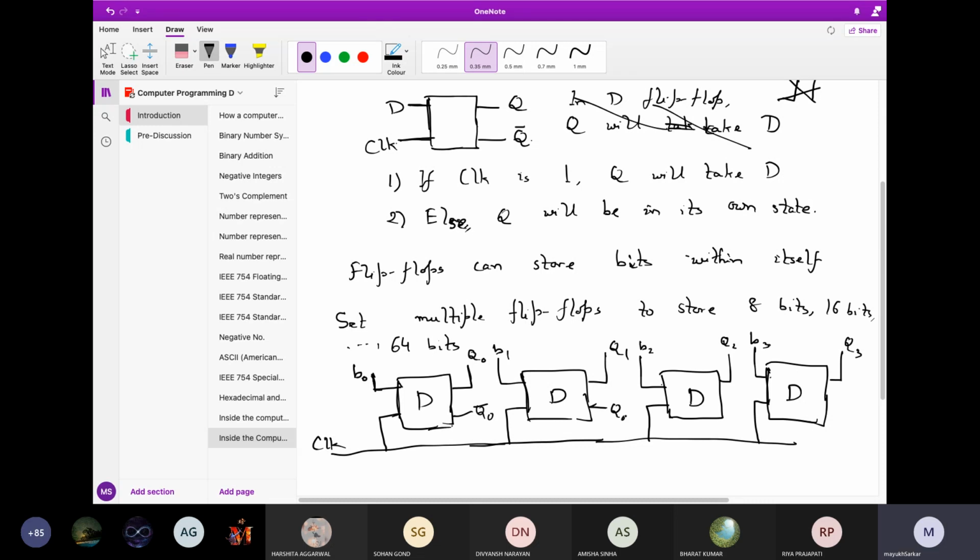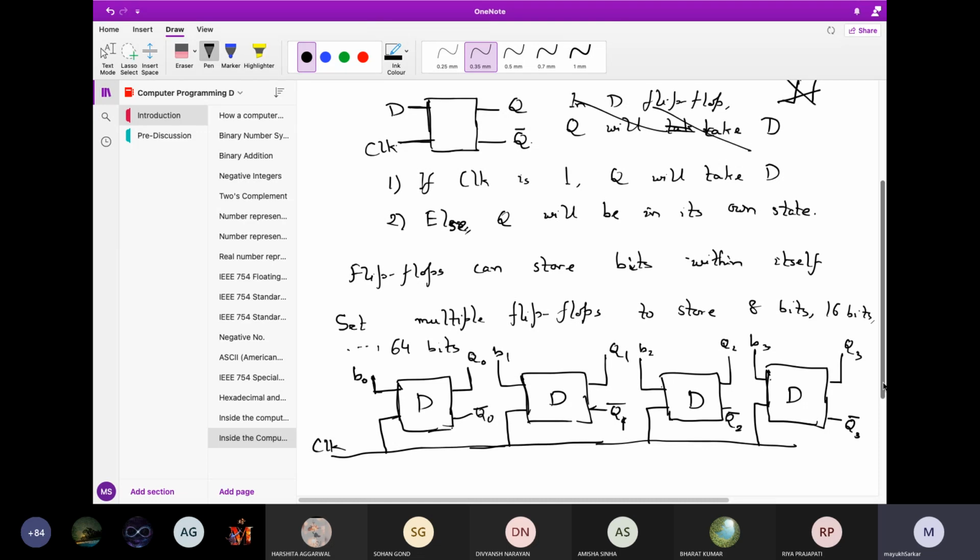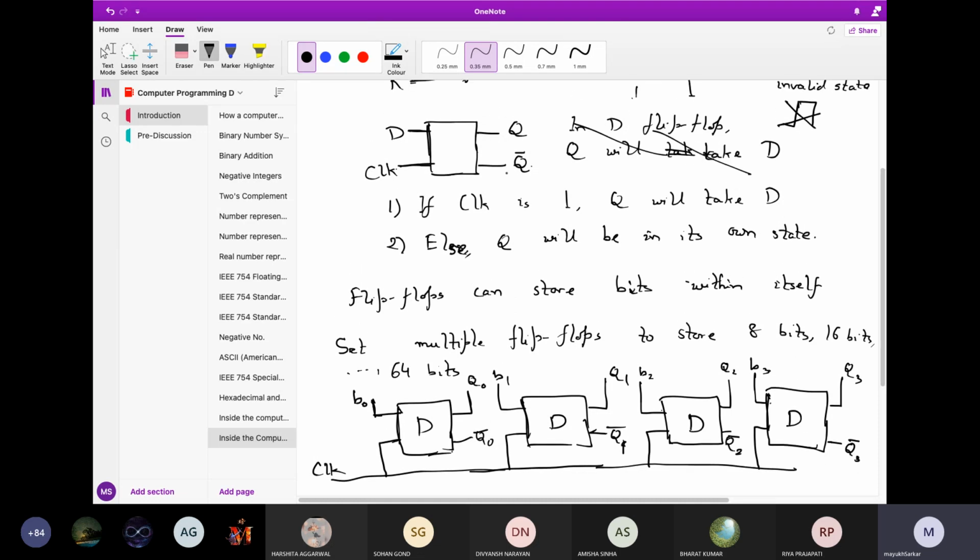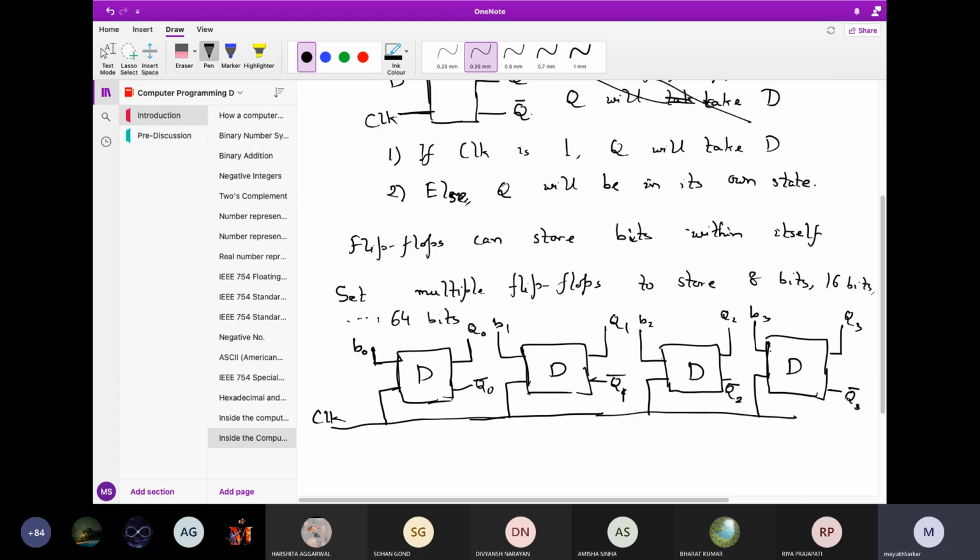These output lines lead nowhere. They are generally grounded. They are simply the byproduct of the circuit, nothing more than that. We ignore these lines. These Q0, Q1, Q2, Q3 keep this data held within the registers.